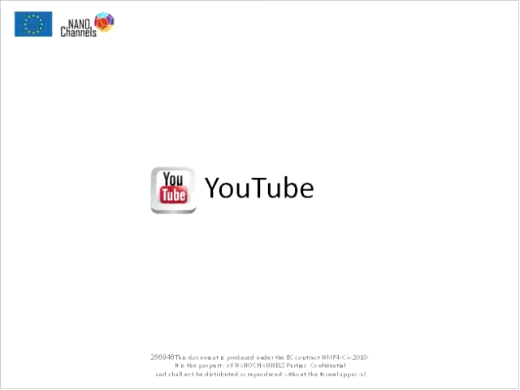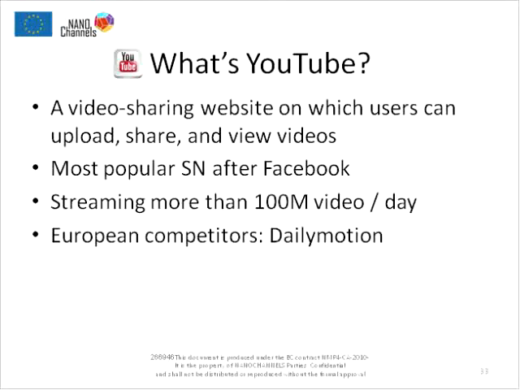Okay. No problem. So we're moving on to YouTube, which is another great big social networking site. It's also one of the older ones. Almost everyone is very familiar with it. YouTube is a video sharing website on which users can upload, share, and view videos.